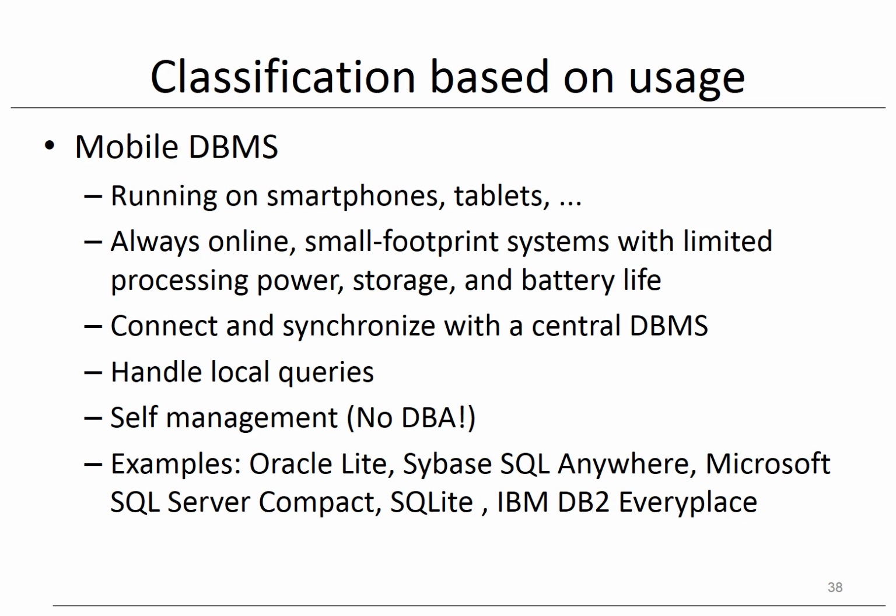Ideally, they should be capable to handle queries and also support self-management without the intervention of a DBA. Some popular examples are Oracle Lite, Sybase SQL Anywhere, Microsoft SQL Server Compact, SQLite, and IBM DB2 Everyplace.